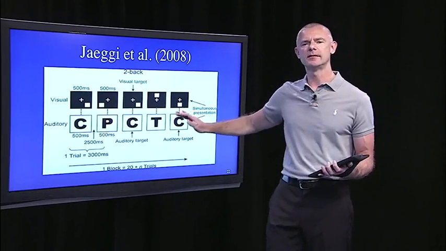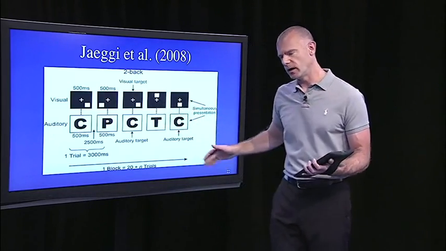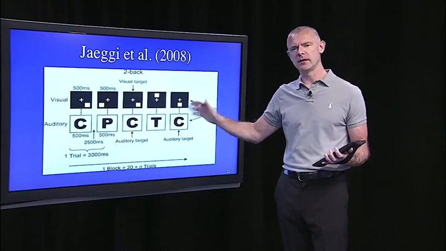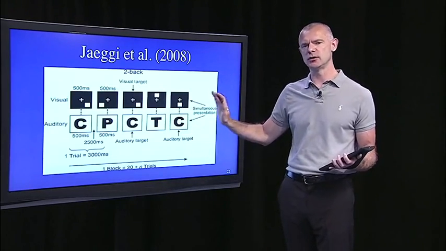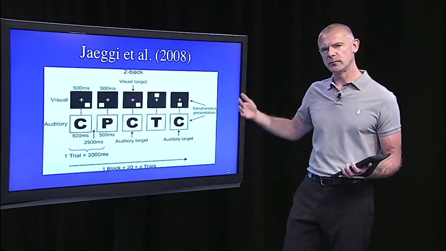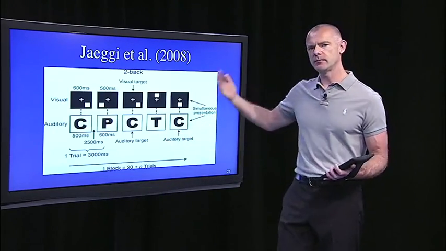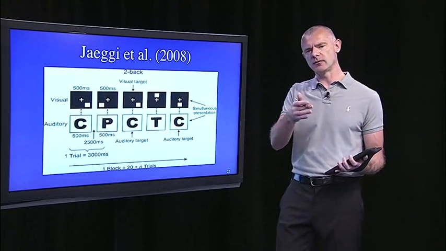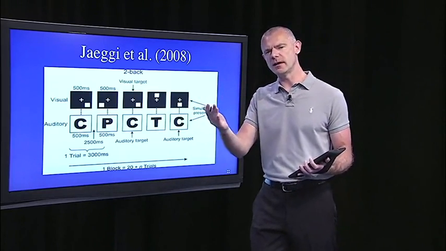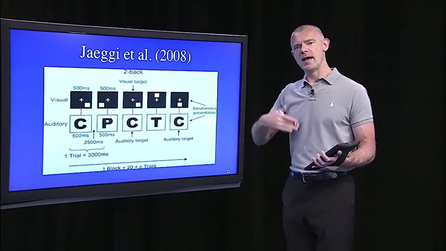This 2-back task is actually pretty easy. If you tried it, you could probably get about 100% accuracy in just 2-back. And that's what subjects did in the Yaki et al. experiment. If they got up to about 100% in a block of trials, then the n was incremented to 3-back.